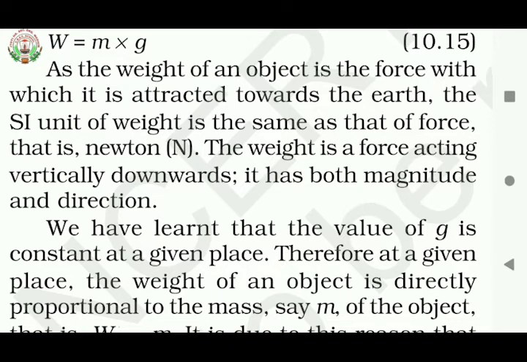The weight of a body is given by W is equal to m into g, and since the value of g changes from place to place, therefore the weight of a body also changes from place to place. In the previous module we had seen that the value of small g varies from place to place. So the weight of a body is not constant.